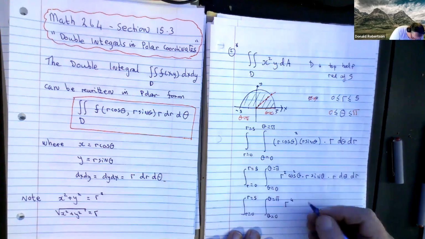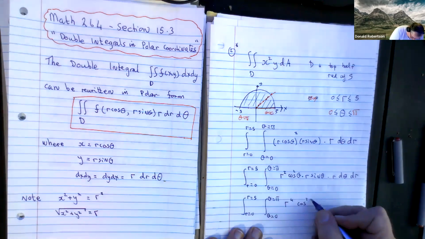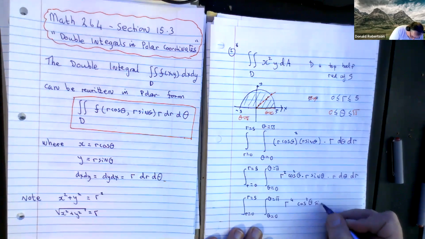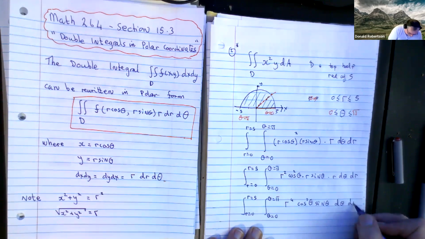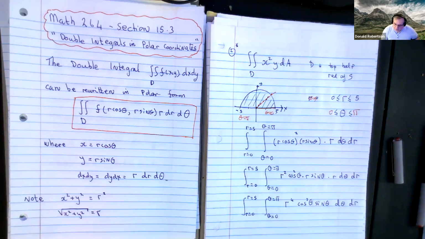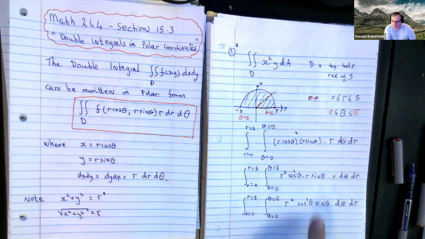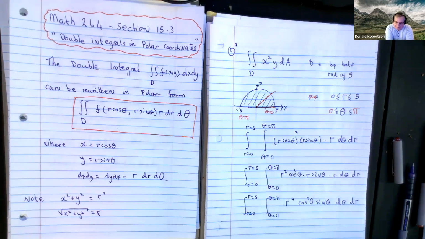And then I've got these two guys, so that's a cos squared theta, a sin theta, a d theta, and a dr. So at this point here, basically, I've converted the original integral into its equivalent polar.